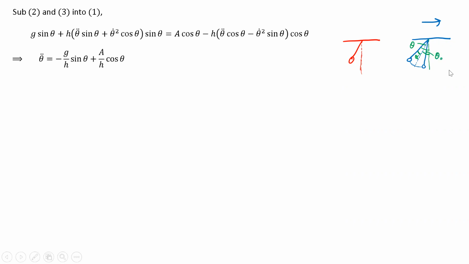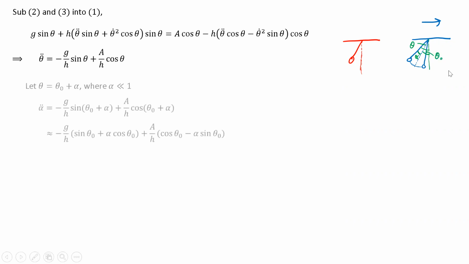So I'm going to let theta equal theta naught plus alpha. Okay, look at this diagram, might be a bit small. And I assume that alpha is much smaller than 1. Small oscillation.